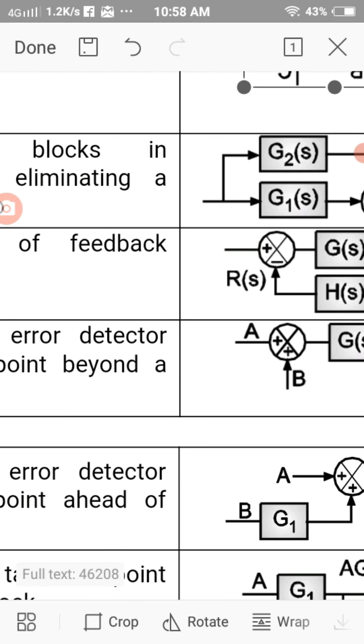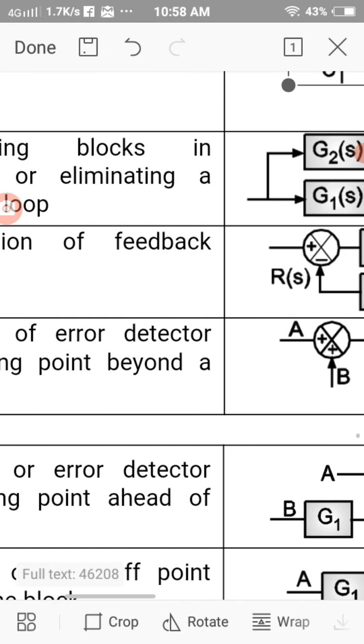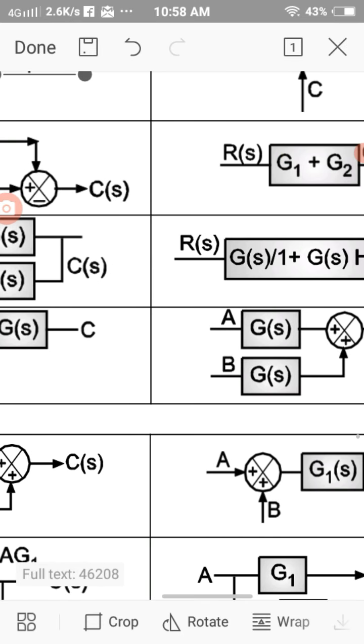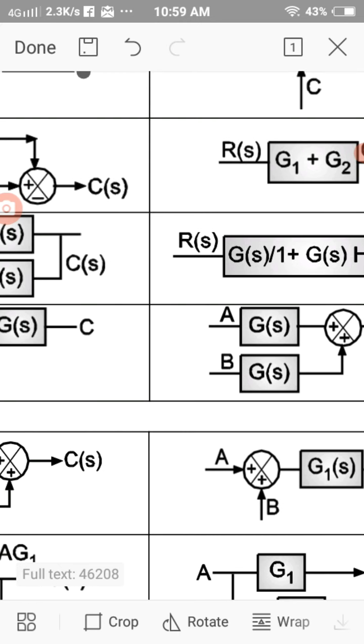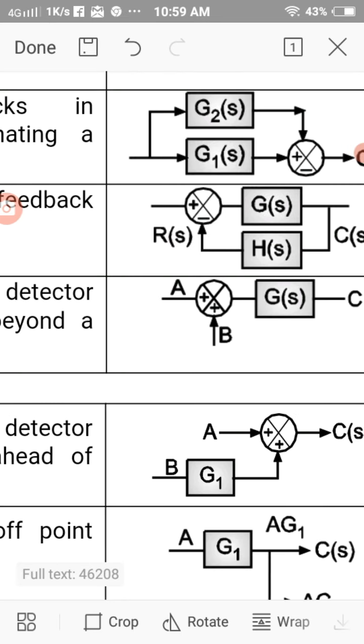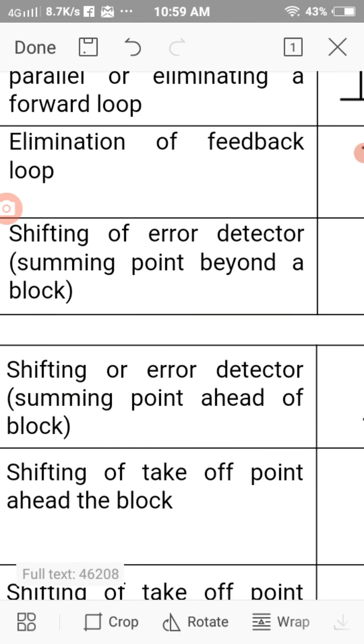That is, if they are in parallel, output will be addition. Elimination of feedback loop: if these two are in feedback, output will be G of S divided by 1 plus G of S into H of S.